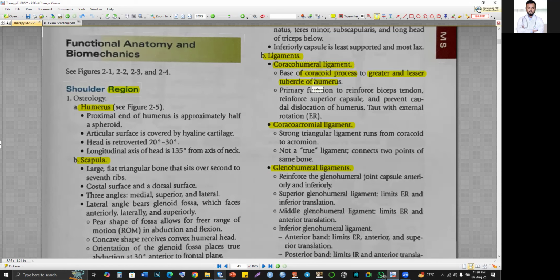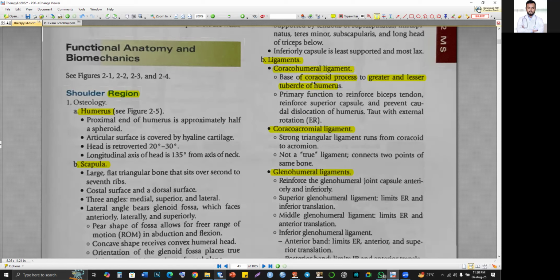This is the origin and insertion. Origin and insertion actually come with muscles. For a ligament, there is not actually an origin and insertion, but for understanding this part, we can say connectors. So the coracohumeral ligament is connected between the coracoid process of the scapula and the greater and lesser tubercle of the humerus.